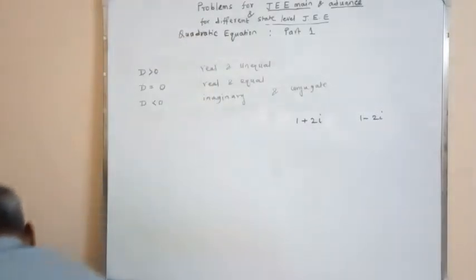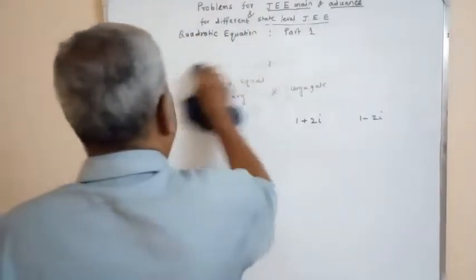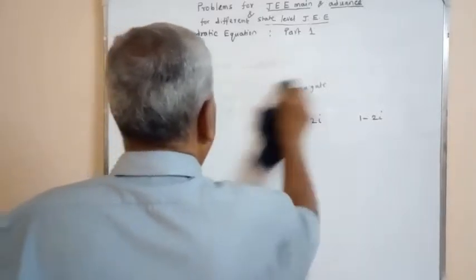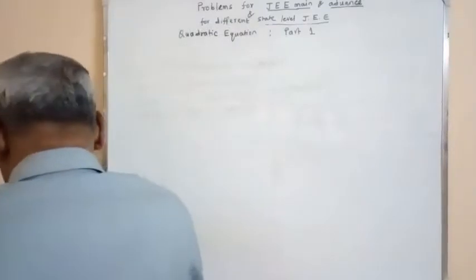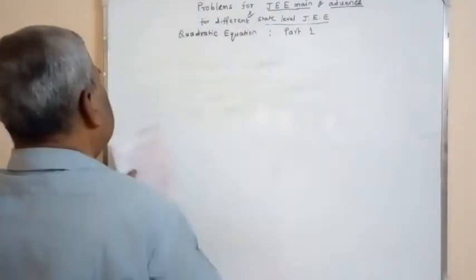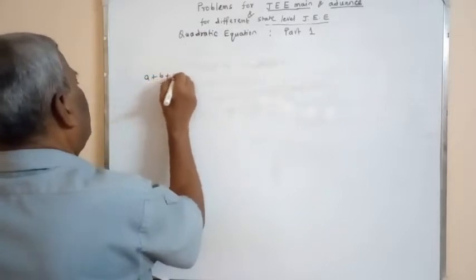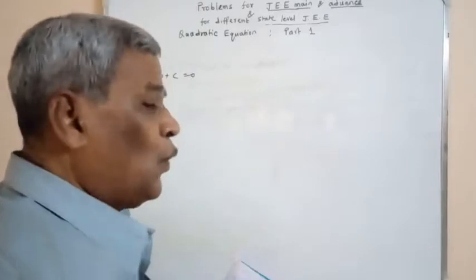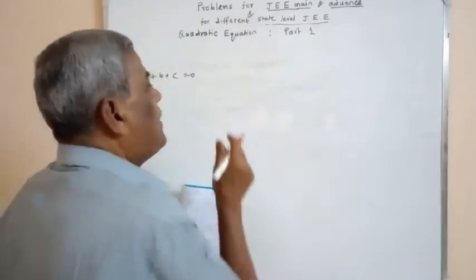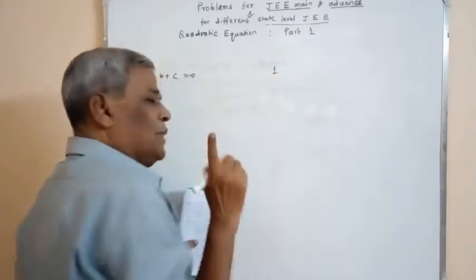Next, if a plus b plus c is equal to 0, then one of its roots must be 1.